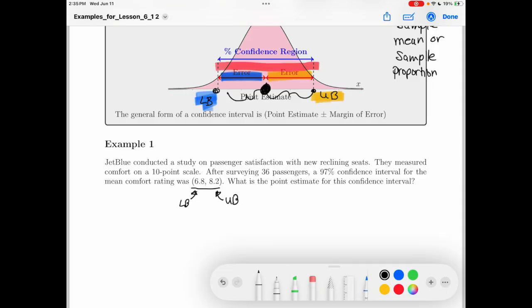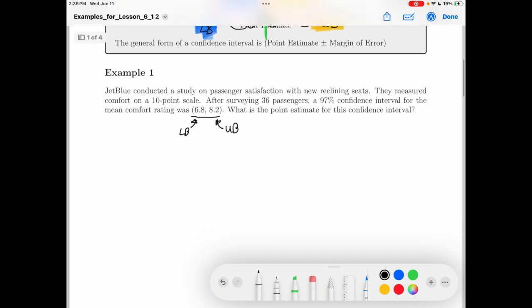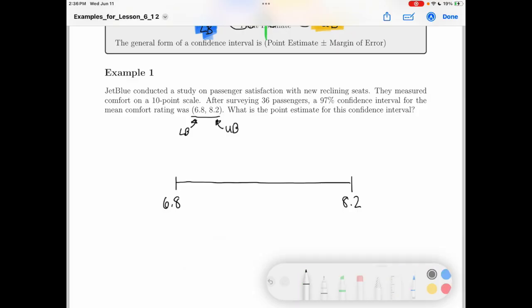Now remember, the point estimate is that value in the middle that we get from the sample. So if we look at this on a number line, here's my lower bound of 6.8. Here's my upper bound of 8.2. My point estimate should be in the middle.